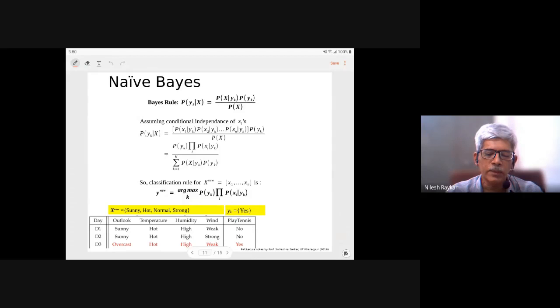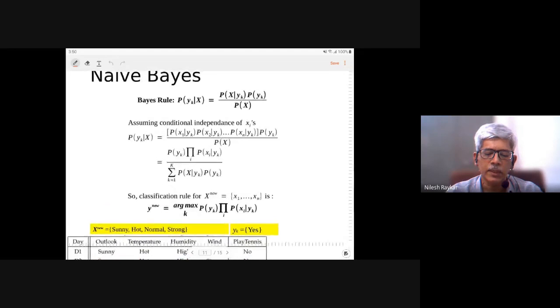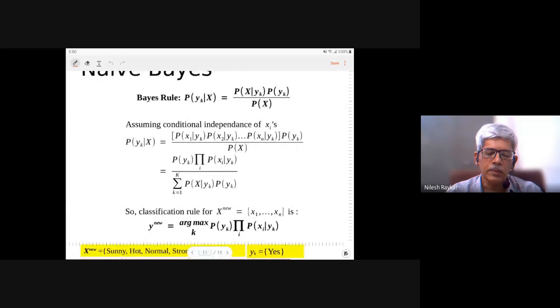So what we did on the previous slide, I'm just writing it here in more mathematical terms. So this P(x|y), which is more critical for us, is now written as the product of individual probabilities that we developed in the previous slide. The P(yk) term is the same here, so there is no difference.